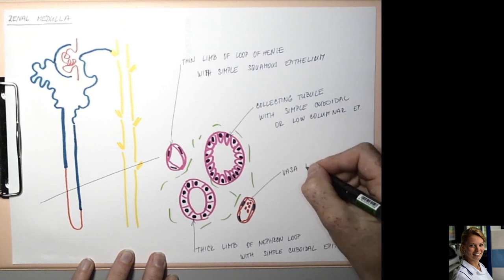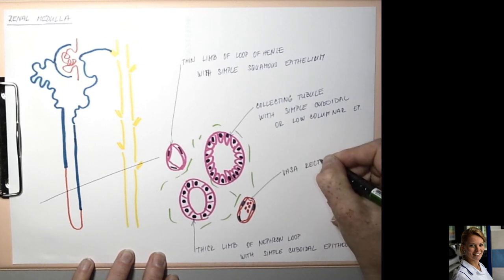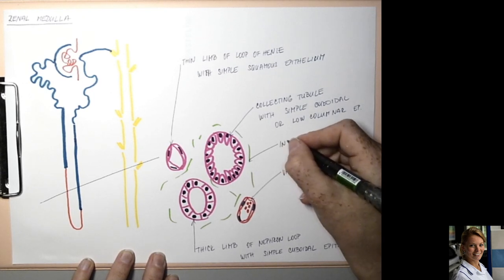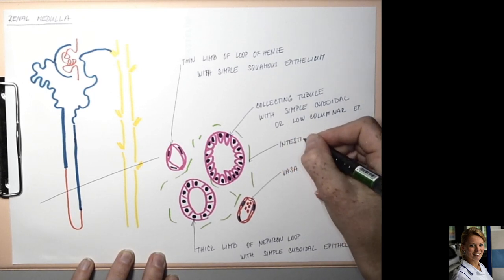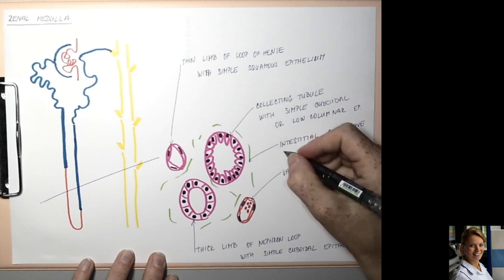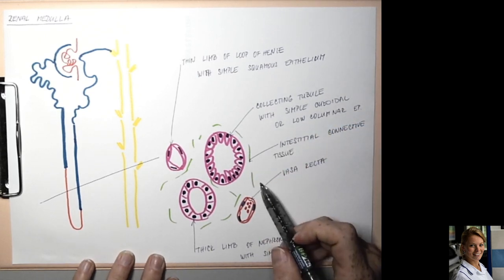Vasa recta, and in the interstitial connective tissue, that means loose connective tissue.